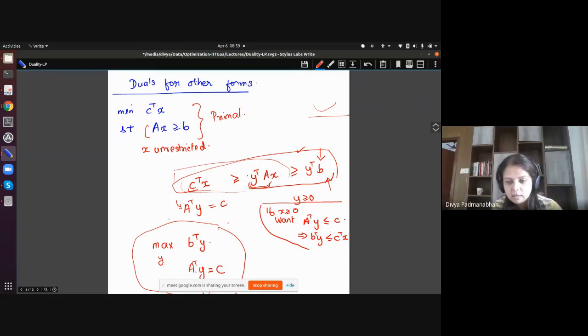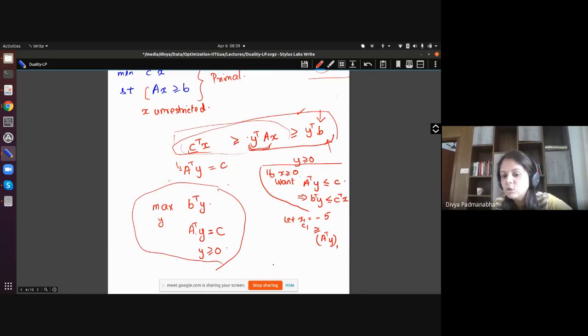If you multiply with X1 the coefficient C1 and the first component of A transpose Y, this side was true: C1 was greater than or equal to the first component of A transpose Y. But now if you multiply with X1, the inequality is going to flip.